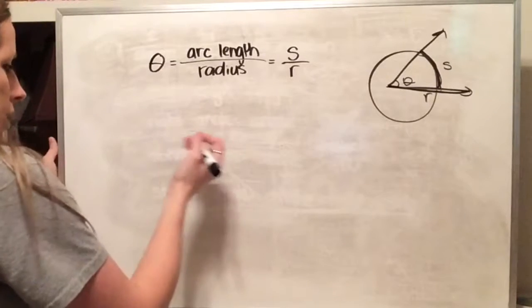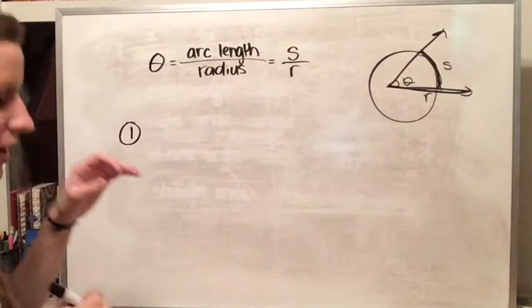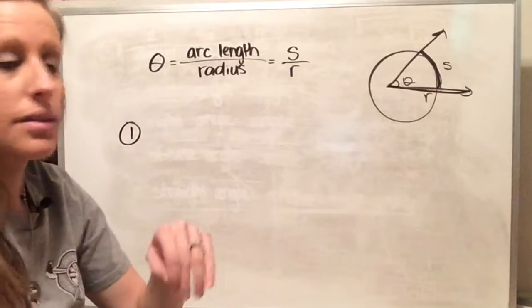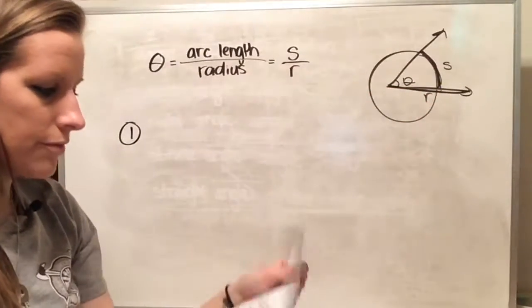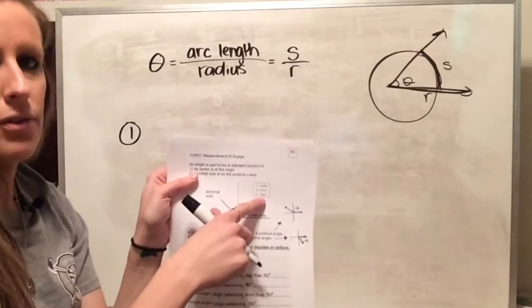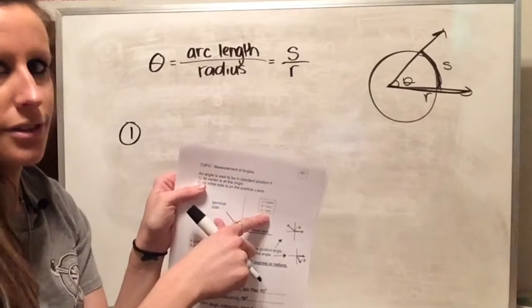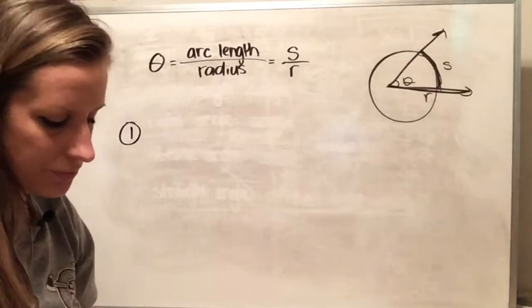Okay, so we have a couple of examples to try this out. Number one, we're going to find theta in radians. Theta is this little angle mark. That's theta. And that's on the front page of your notes. By the angle, it has the different Greek terms. For those symbols, you have alpha, beta, theta.